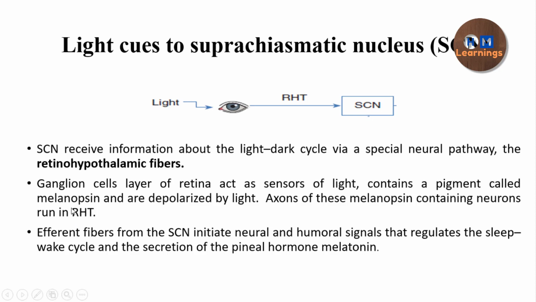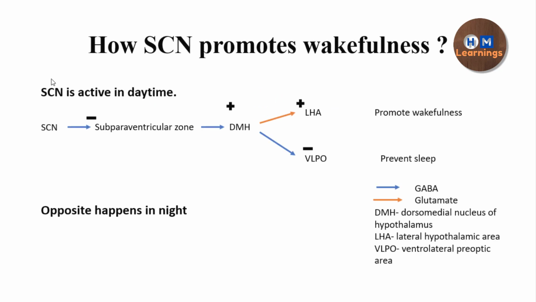This melanopsin pigment gets depolarized when the light falls on the ganglion cell, and the axons of these melanopsin-containing neurons run in the retinohypothalamic fibers. So this is going to reach the suprachiasmatic nucleus. So the answer comes here: the suprachiasmatic nucleus remains more active during the daytime because the light clues coming by the help of retinohypothalamic fibers activate it.